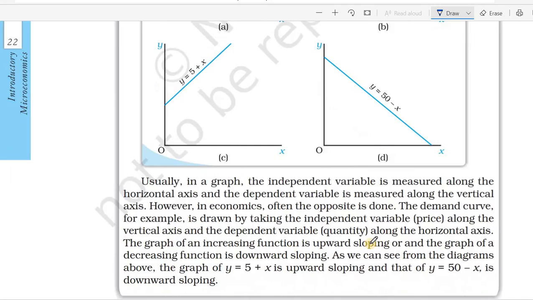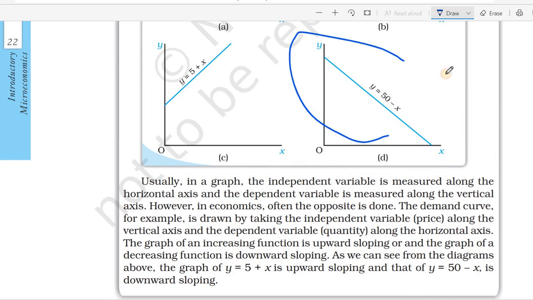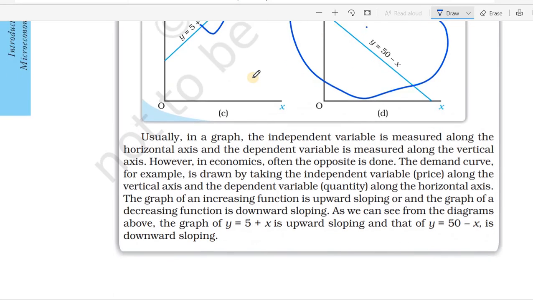Here we can take this function: 5 plus x is an increasing function, and this one sloping downwards, 50 minus x, is a decreasing function.